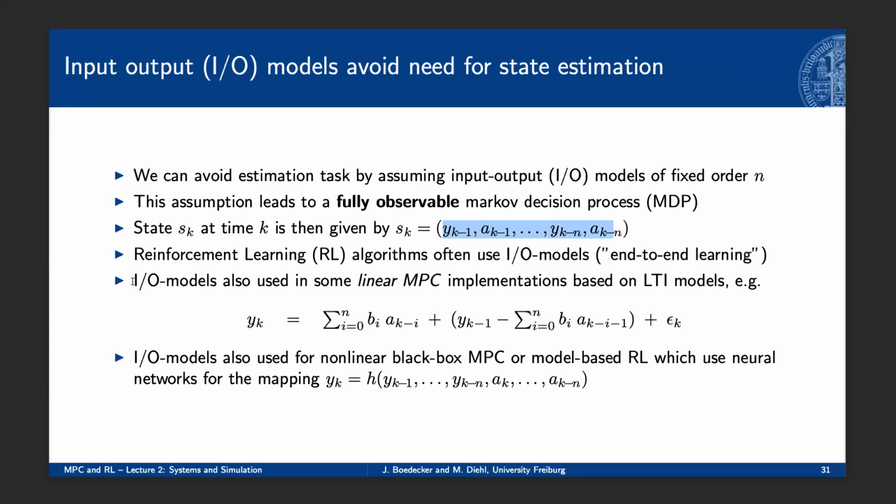I should say that these input-output models are also used in some linear MPC implementations. And one typical implementation that I've heard many practitioners like to use is an ARX model, but it's based on a step response model. So you first identify the step response, yeah? You say my y depends on past actions in a linear form, so it's a weighted sum of past actions.